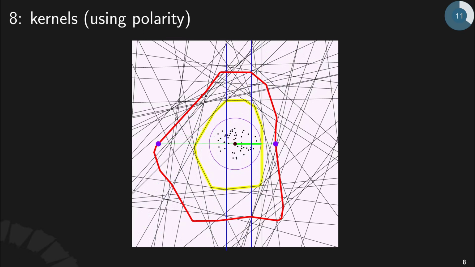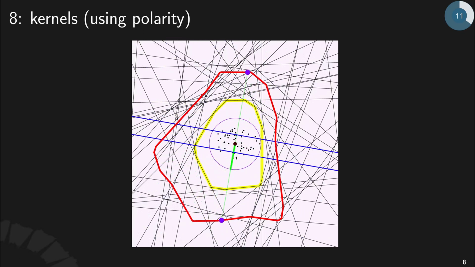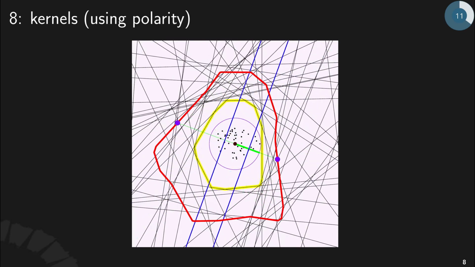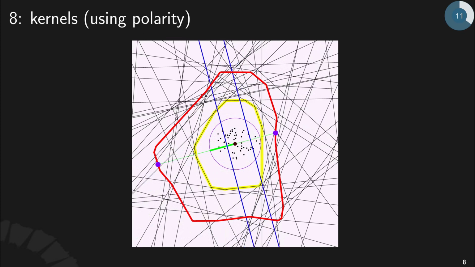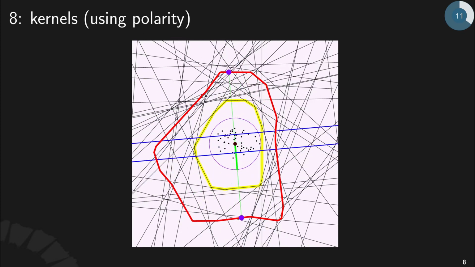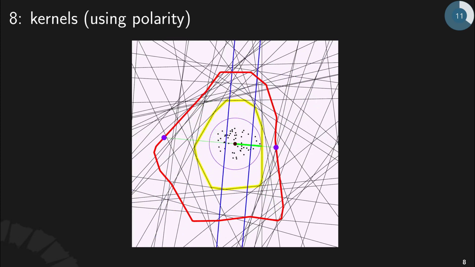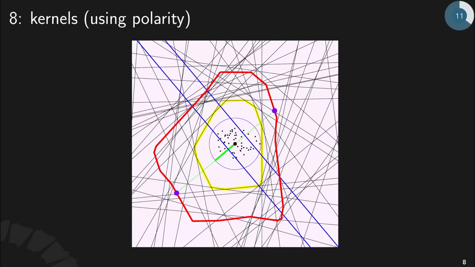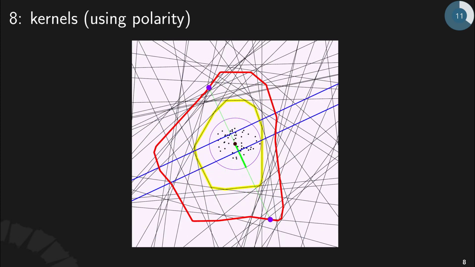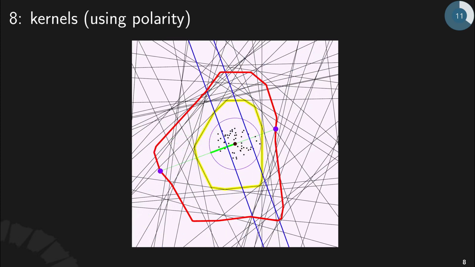We have a set of lines. We have the origin. The face containing the origin is this yellow polygon of this arrangement. And then we have this star-shaped polygon around the origin, which is this red polygon, which contains the yellow polygon. And the question is to find a minimum number of lines such that they separate the yellow polygon from the red polygon.